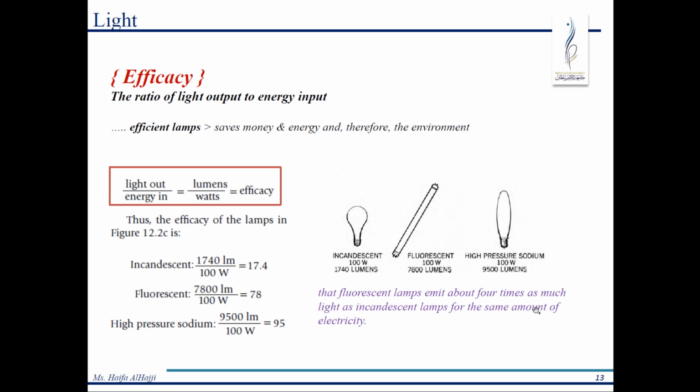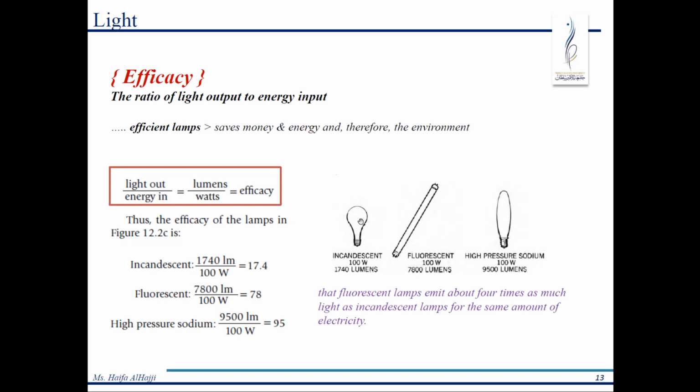So to actually calculate the efficacy of a light, we just take the amount of light energy coming out of the lamp and divide it by the electric energy we put inside the lamp. So they all had 100-watt energy in, and each one of them had a different amount of lumens emitted.